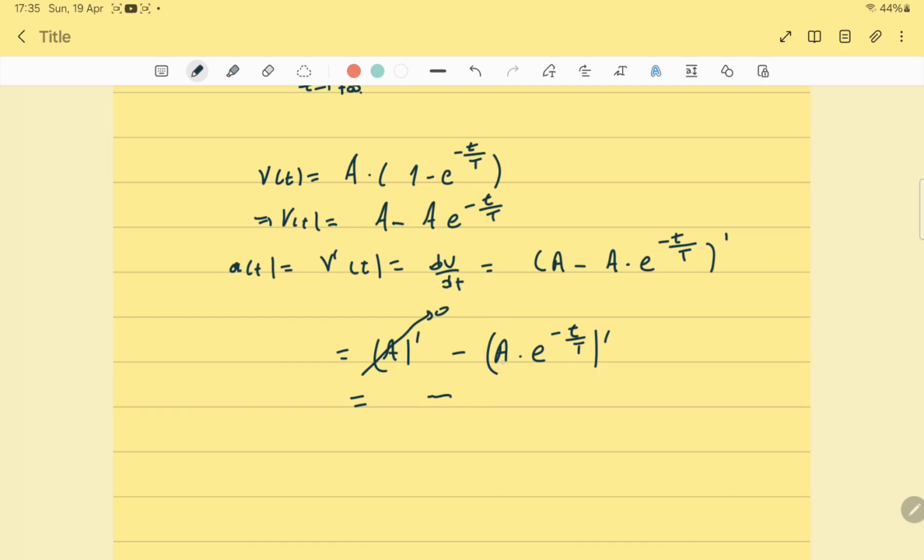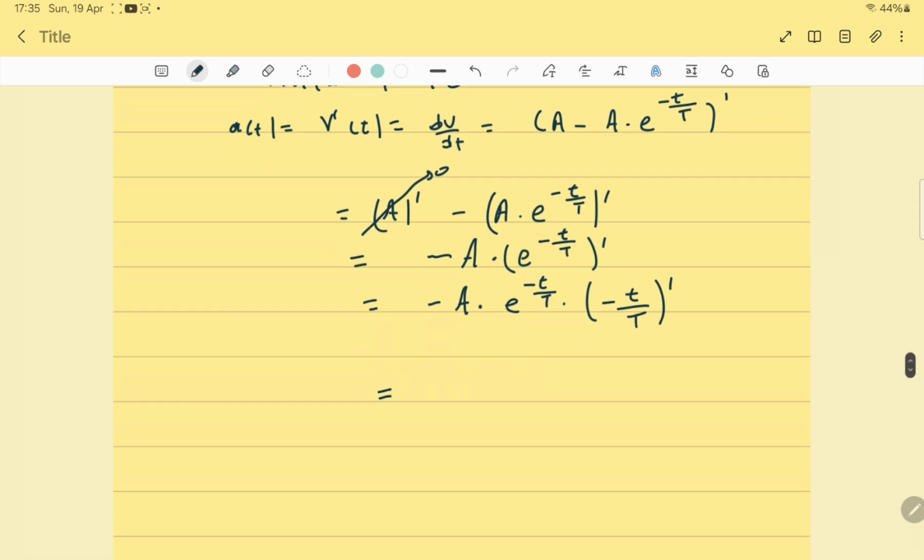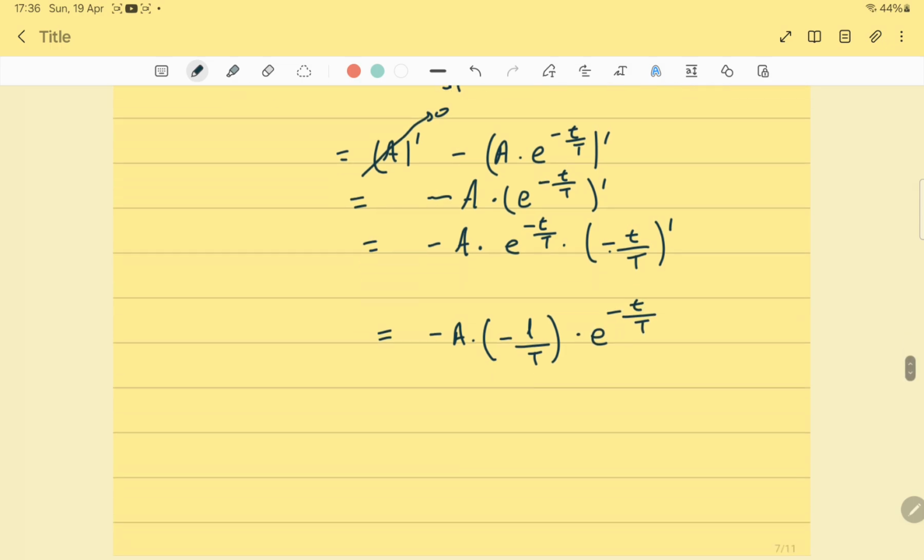Then we have minus A, which does not depend on t, is a constant, so it can be moved outside the derivative, times e to the power of minus t over capital T. The derivative of the exponential is the exponential function, and because this variable is scaled, we need the derivative of minus t over capital T, which is minus 1 over capital T. So it's going to multiply minus 1 over capital T times minus A times e to the power of minus small t over capital T.